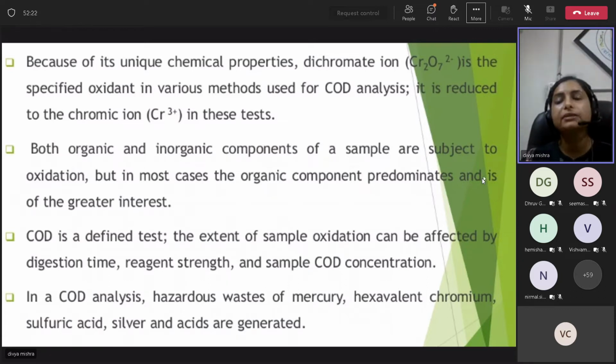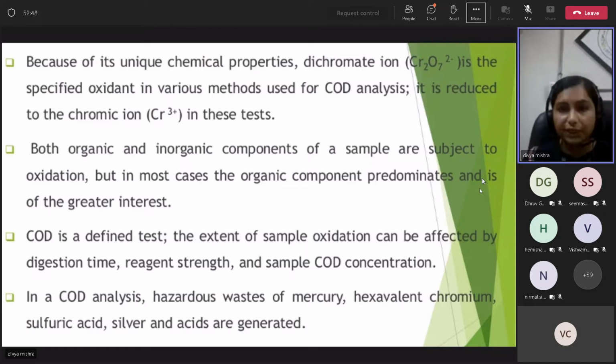Now as an oxidant, we can use any number of oxidants. There are various methods, but in this method specifically, we will use the oxidant potassium dichromate. We may also use potassium permanganate, but we are using potassium dichromate here because it is a very good oxidant.